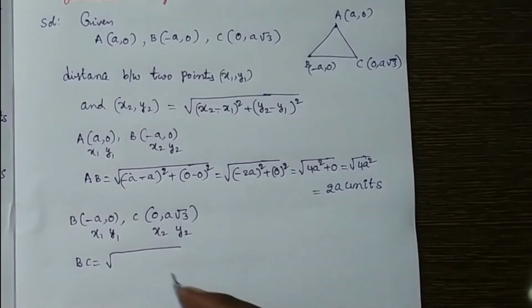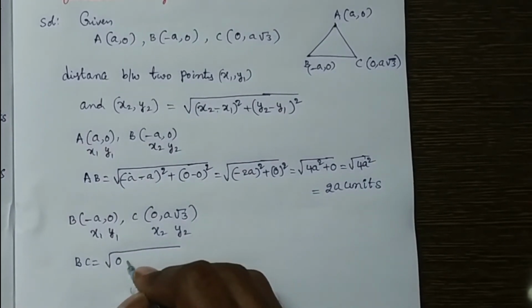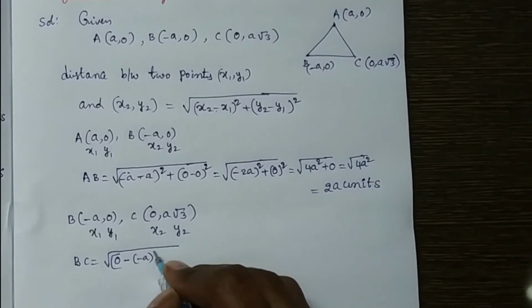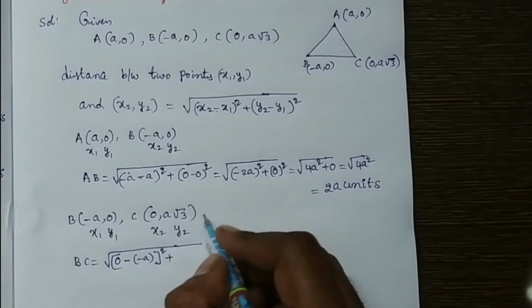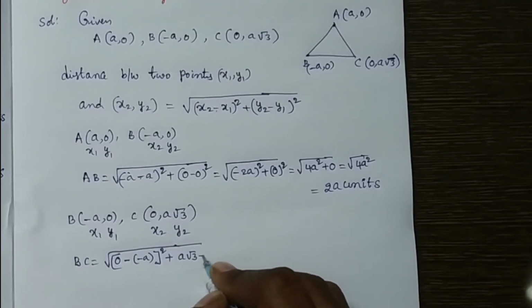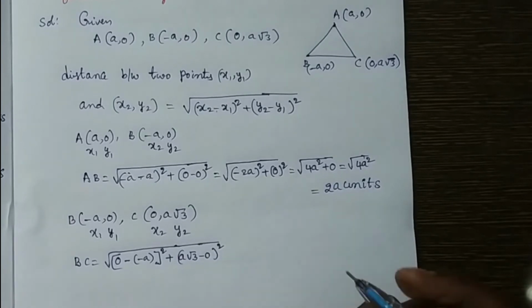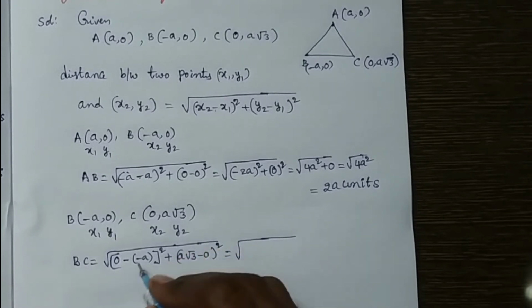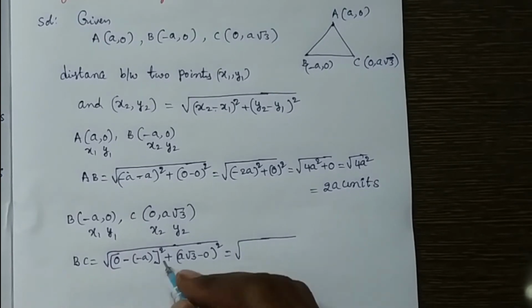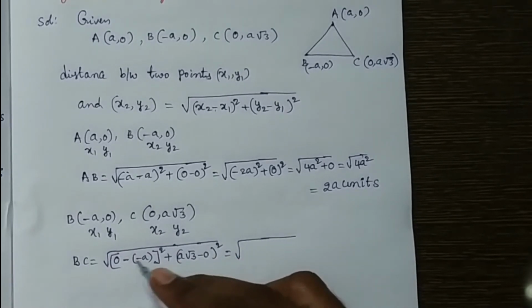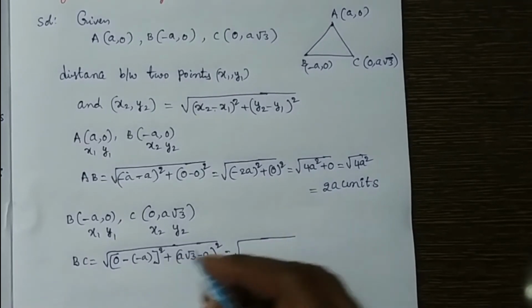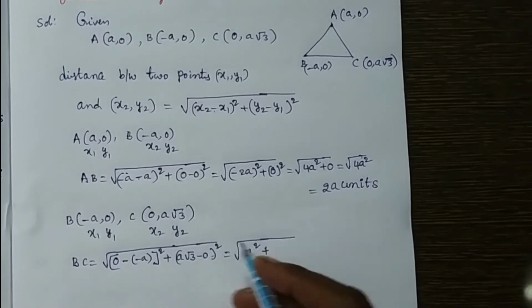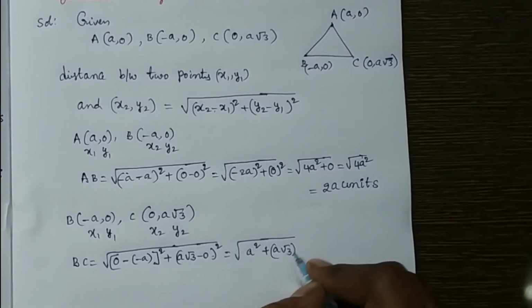Distance means length. x2 minus x1: 0 minus (minus a), that is 0 plus a, whole square, which means a square, plus y2 minus y1, a root 3 minus 0, that is a root 3 whole square.